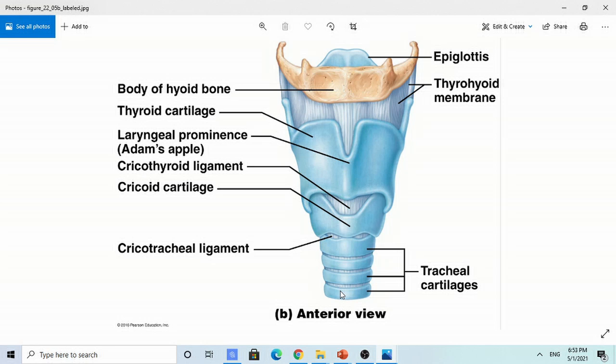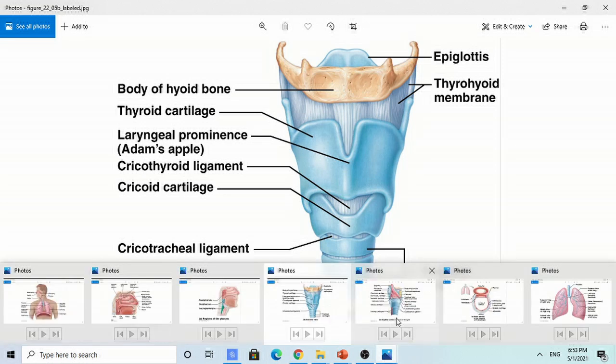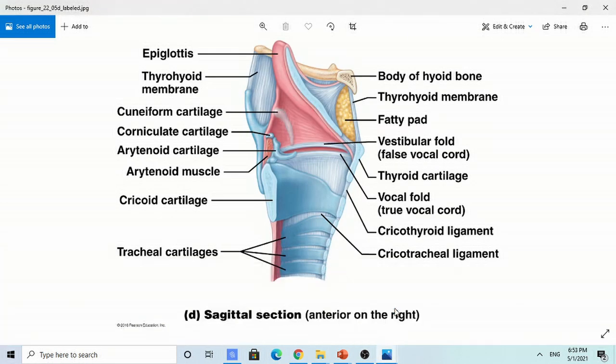So if we take a look into the interior of the larynx, using this picture, we can see that the larynx consists of the vestibular fold or false vocal cord and the true vocal cord here or vocal fold. This is the source of the sound we make.